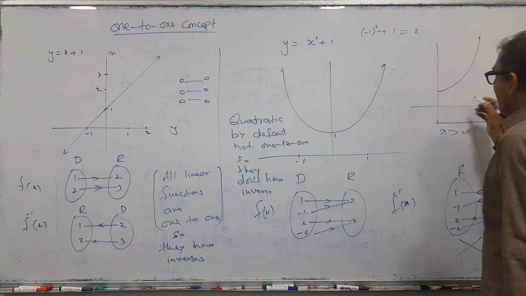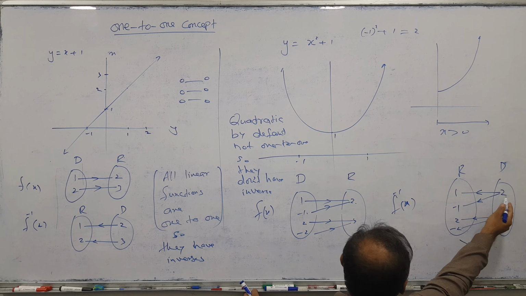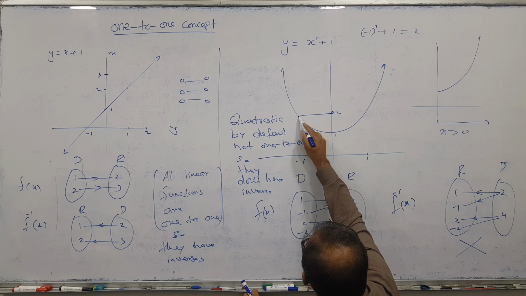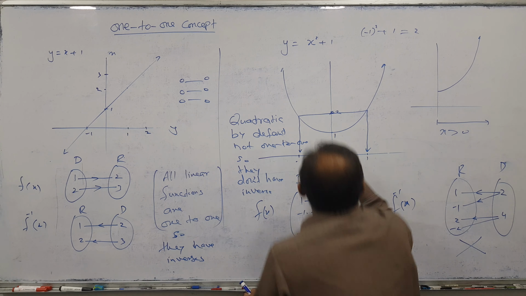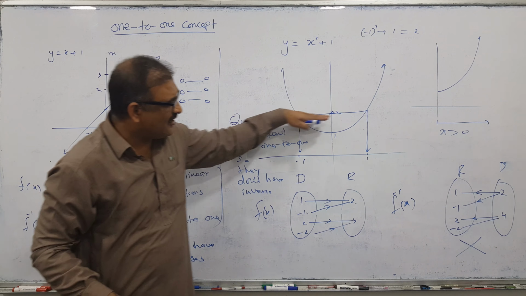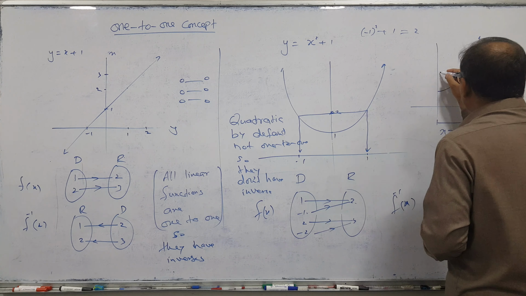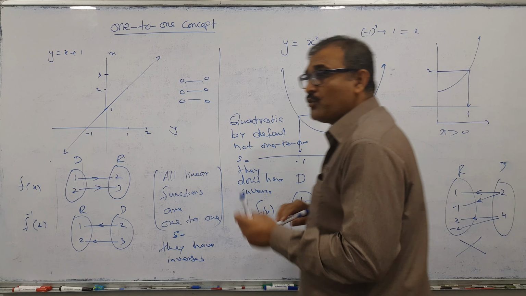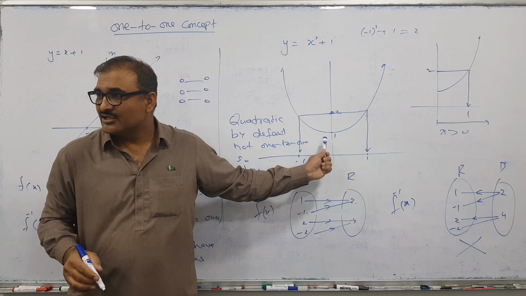Against this 2, I have one value coming here and one value coming here. You see? When I draw a line here, it has two answers. But when I make a line here, for example 2, I am getting only one answer. Here I'm getting two answers.